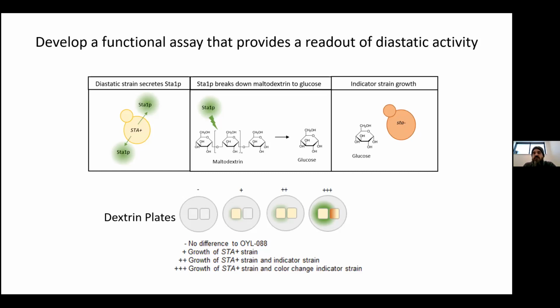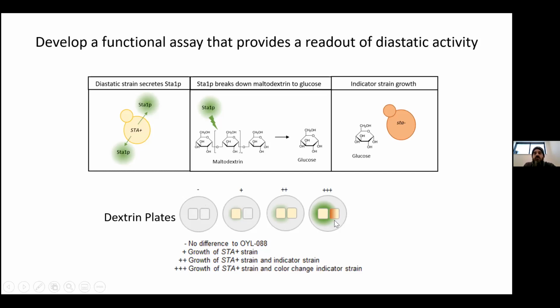So the only thing that's going to be able to grow is a yeast that makes glucoamylase, which can break down the dextrins and supply glucose to the cell to grow. And if it does it really, really well, it'll secrete this enzyme into the medium. It'll start to break down all the dextrins in the area, and it'll actually allow it to feed the cells that you plated next to it.